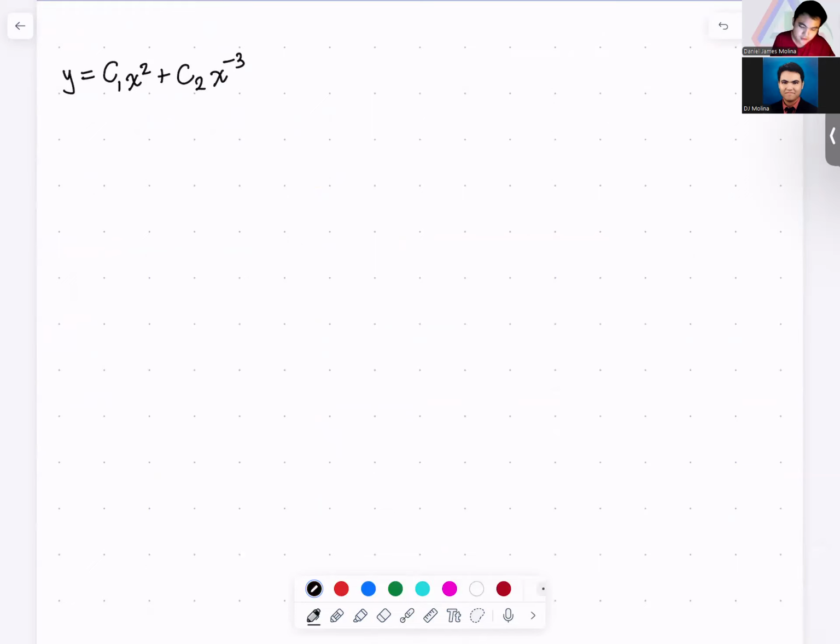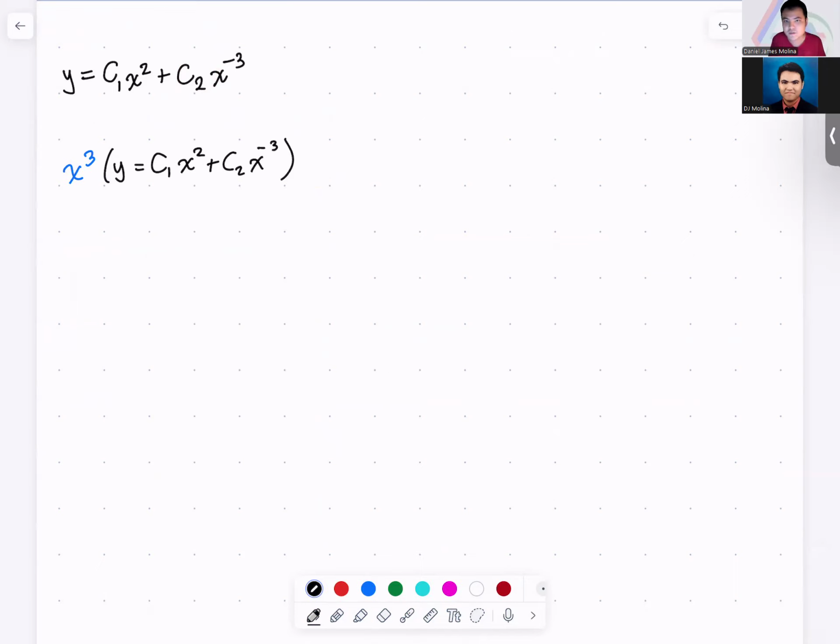Let's try this. So maybe I want to eliminate C sub 2 first, just for the content. For us to eliminate C sub 2 first, we need to multiply the whole equation by x cubed. So x cubed times y equal to C1 x squared plus C2 x raised to negative 3.